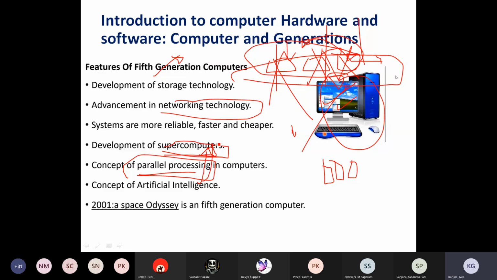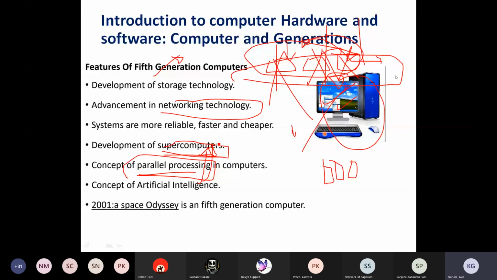You are making it a general purpose one. But initially the mobile was designed only for making and receiving calls. Nowadays it has become a general purpose system. That is the meaning of embedded systems. Is that clear to everybody, students?